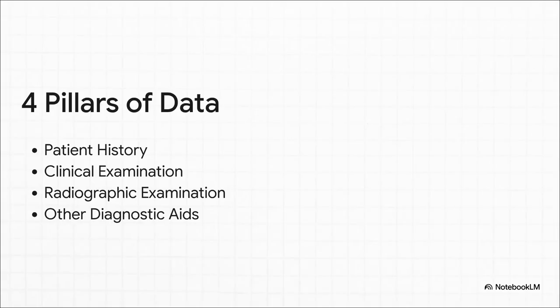And getting all of them right is non-negotiable. Here they are. The patient history tells you the story, the why they're here. Your clinical examination is what you see, your direct observation. Radiographs, of course, show you everything that's hiding under the surface. And finally, other diagnostic aids, like tests, fill in any last pieces of the puzzle. You need all 4 of these to confidently and correctly build your plan.